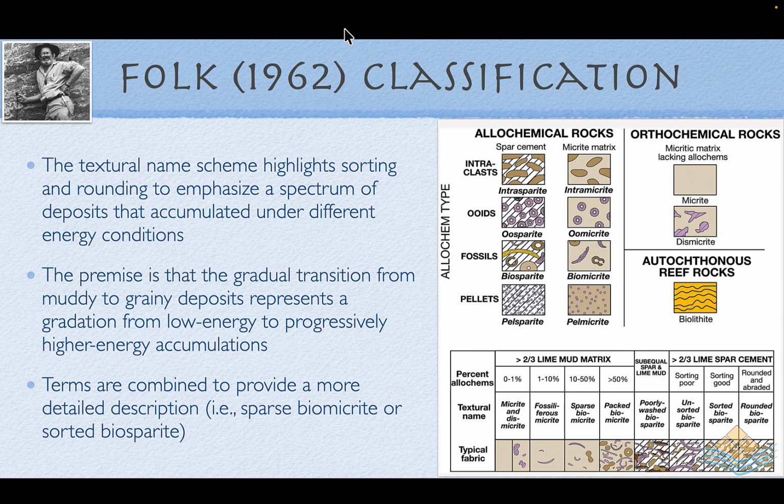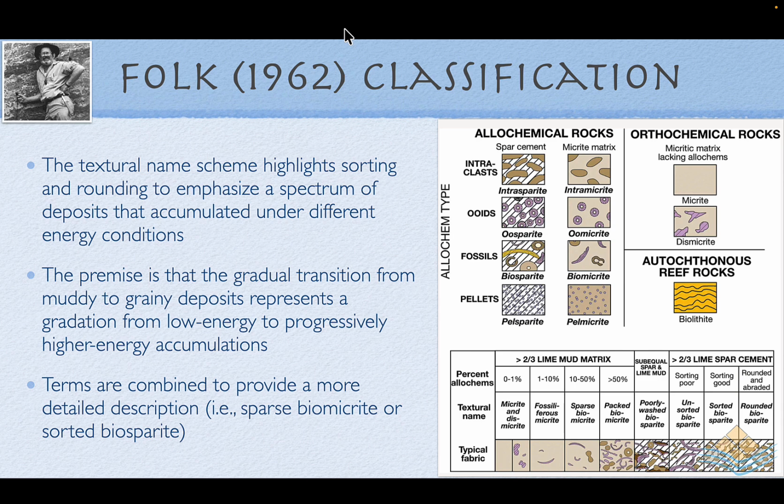Automicrite versus allomicrite. With Folk's classification, we typically combine textural terms where we have more than 2/3 lime mud matrix, subequal spar and lime mud, or 2/3 lime spar cement. He adds this concept where we have grain dominated with lime spar cements, the level of sorting and the level of abrasion and rounding into the name.